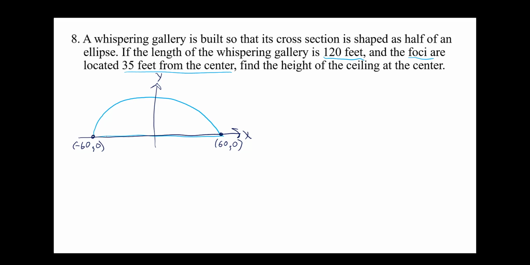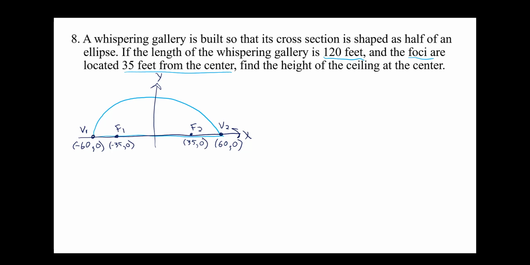And let's see, the foci are 35 feet from the center, so these would be vertices. So this would be vertex 1, vertex 2. The foci would be located at (-35, 0) and at (35, 0).